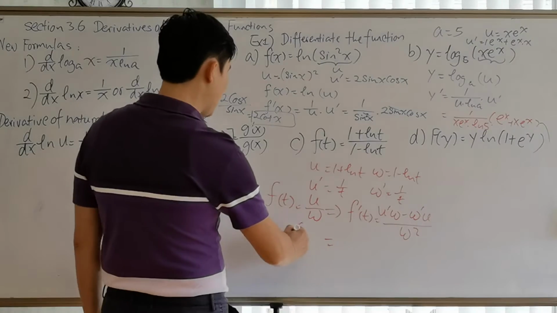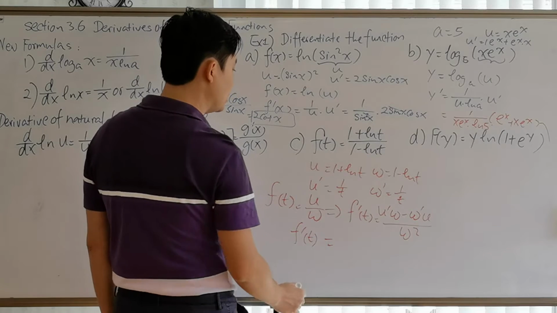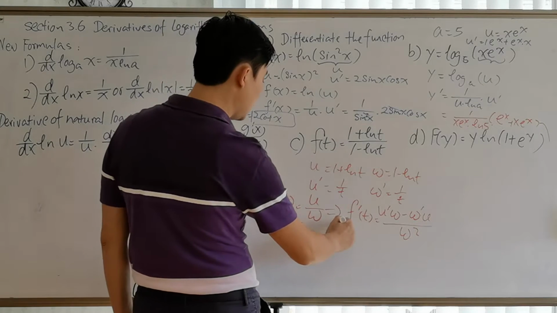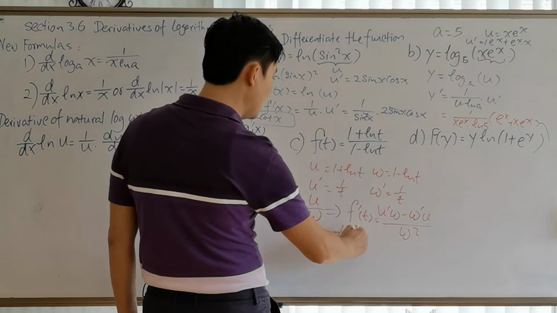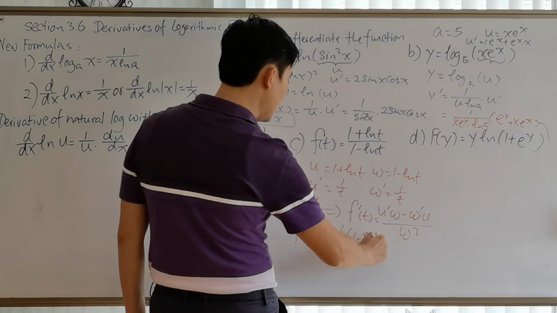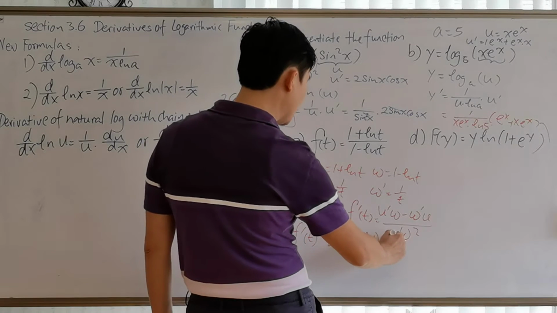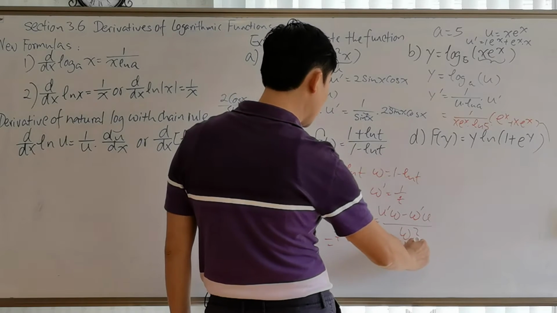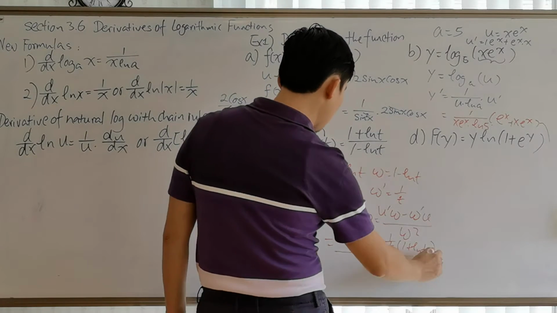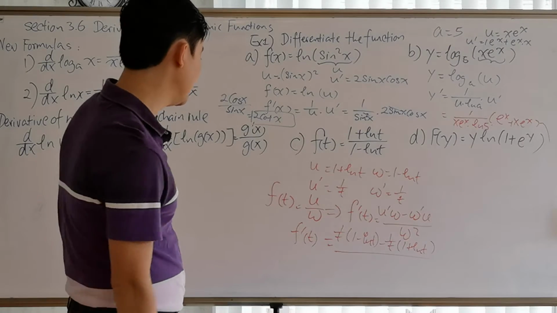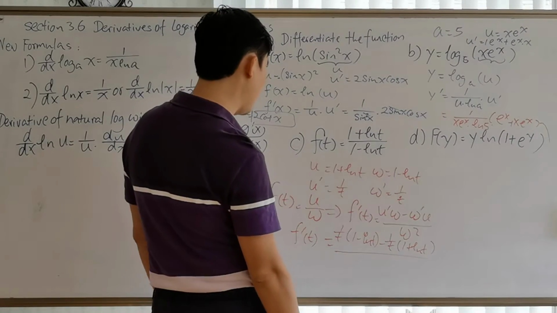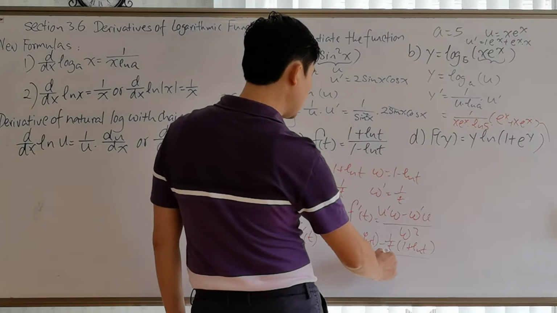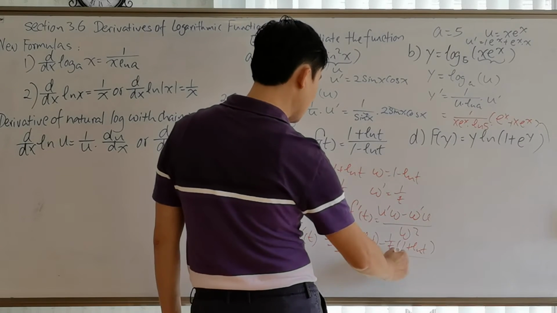So u prime is 1 over t times w, 1 minus natural log of t, minus w prime, which is also 1 over t, times u, which is 1 plus natural log of t. And then the denominator is w squared, so 1 minus natural log of t, quantity squared.